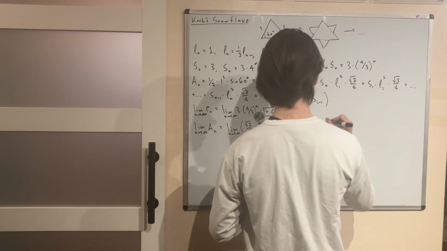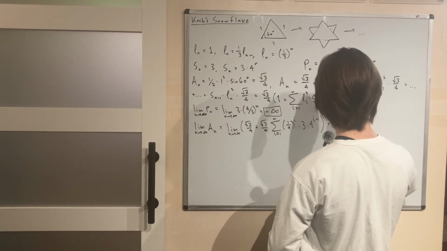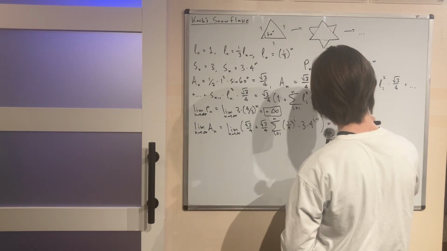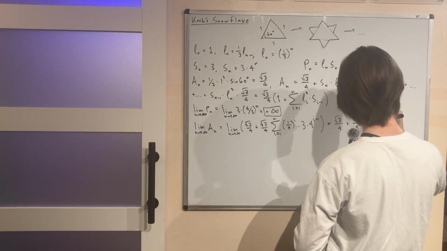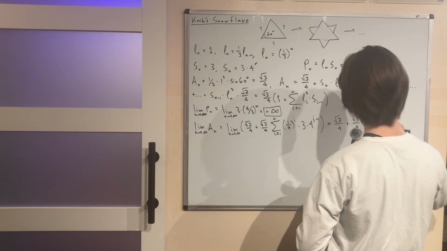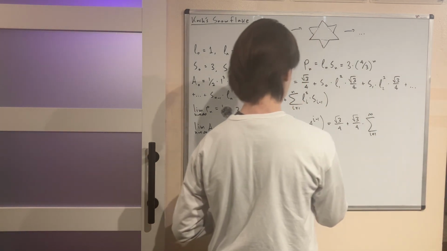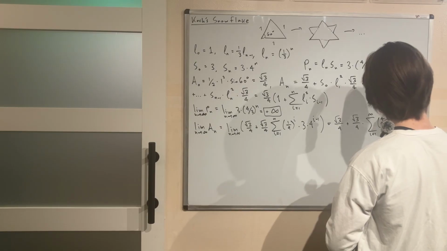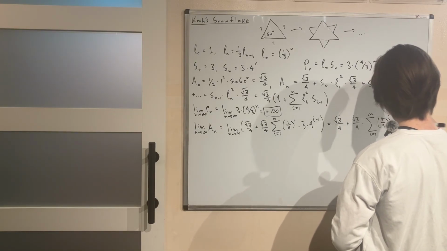And how do we simplify this even further? Well, with a bit of basic algebra, combining stuff, we get root 3 over 4 plus another root 3 over 4 times the sum. We can write it in shorthand as the sum to infinity from the index I. And combining this, we get 4/9 to the I times 3/4. And why?